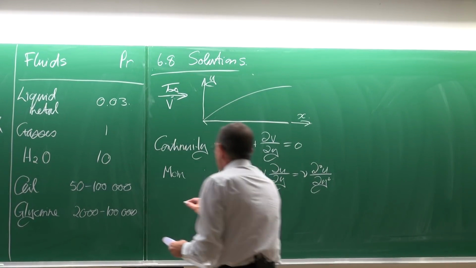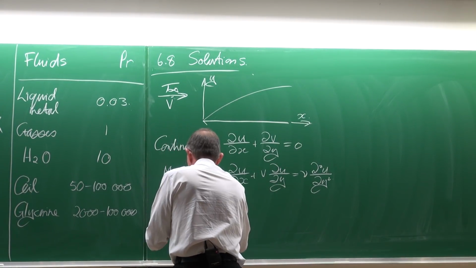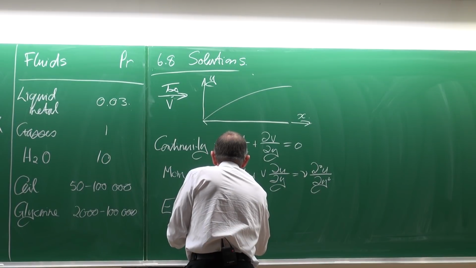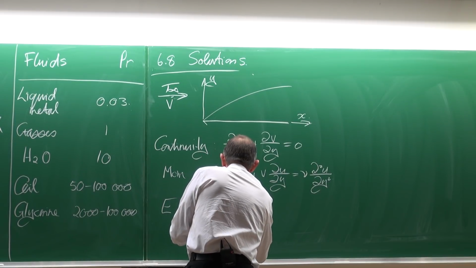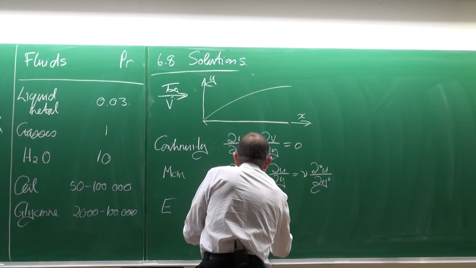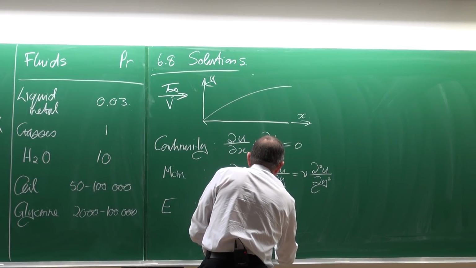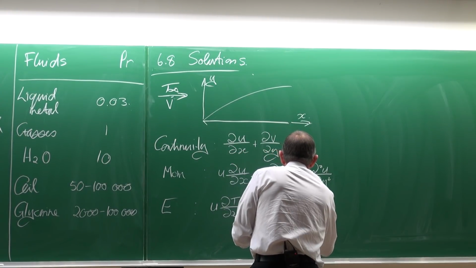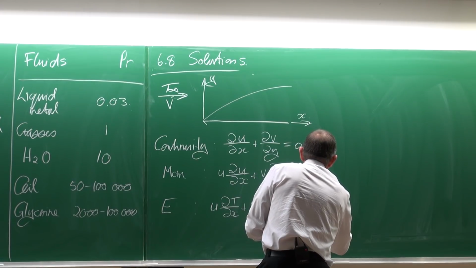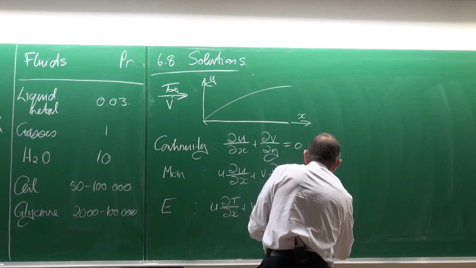And then the last one, the energy equation: u partial dT/dx plus v partial dT/dy is equal to alpha multiplied by partial d2T/dy squared.